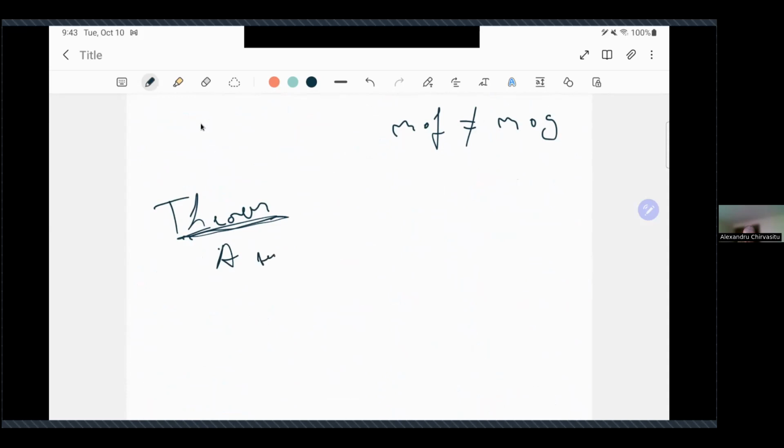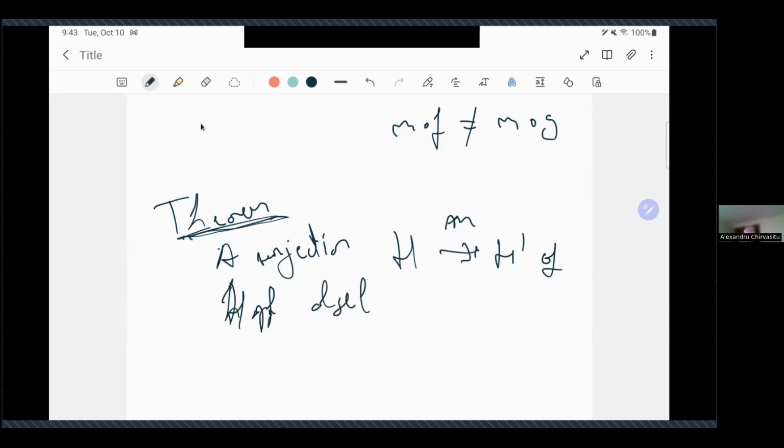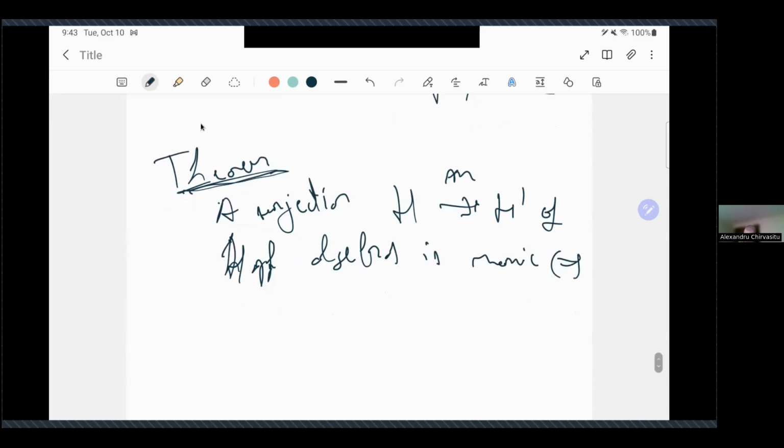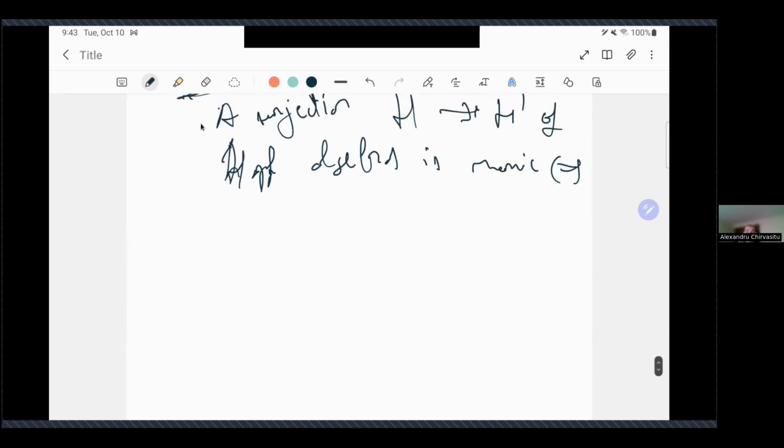A surjection H to H prime, let's call it M, of Hopf algebras is monic if and only if. And now let's go through the conditions, A, B, C, and D. And they will be precise analogs, including an answer to the question I was just asked, right?